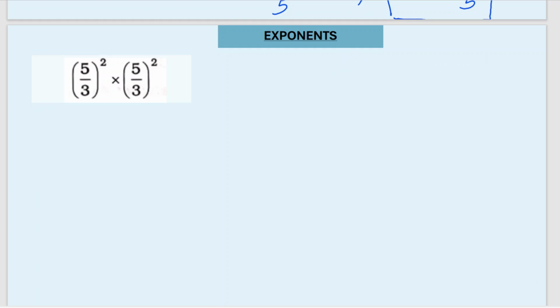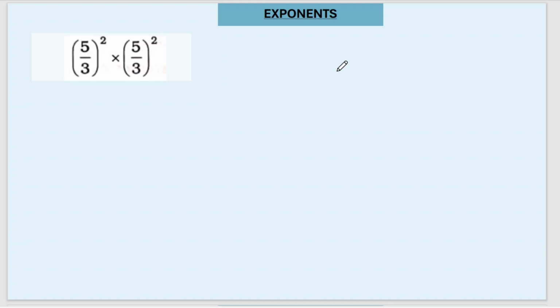See, if you have a number and the power is anything, suppose the power is m, and we have another number, the same number a, but this time a different power, and we want to multiply them. So we have the same number as base but different powers, and the sign is multiplication. So what we are going to do is add the powers.